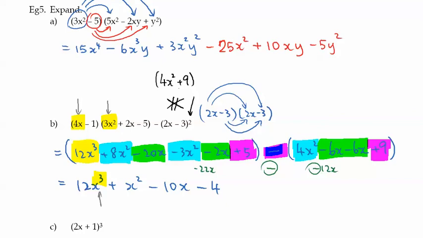Don't put an equal sign between those two. You cannot just bring the square into the bracket because we have a minus in between the 2x and the 3. When you were to square 2x minus 3, you are going to multiply 2x minus 3 by another 2x minus 3.